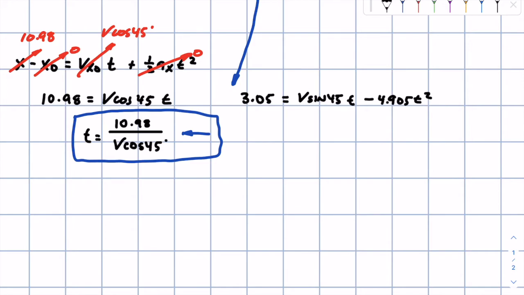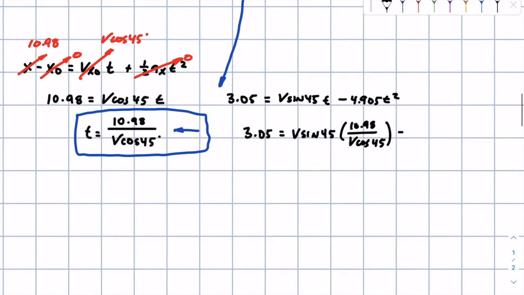We're going to get 3.05 is equal to V sine 45 times 10.98 all over V cosine 45, minus 4.905 times 10.98 divided by V cosine 45. Don't forget to square it.